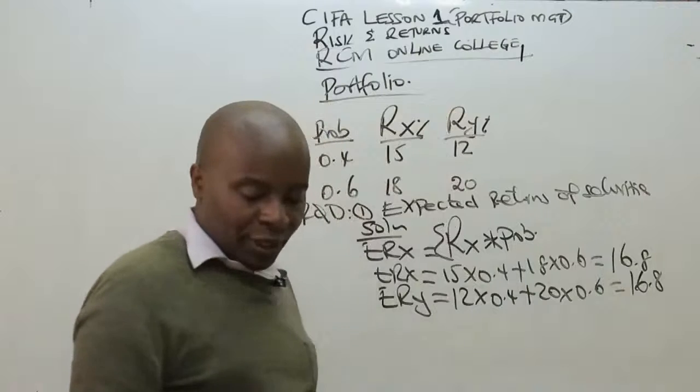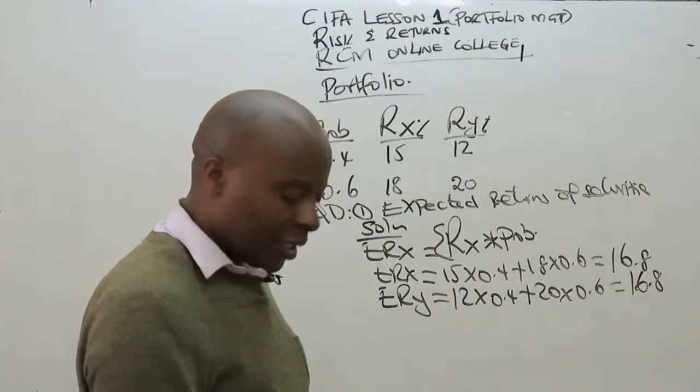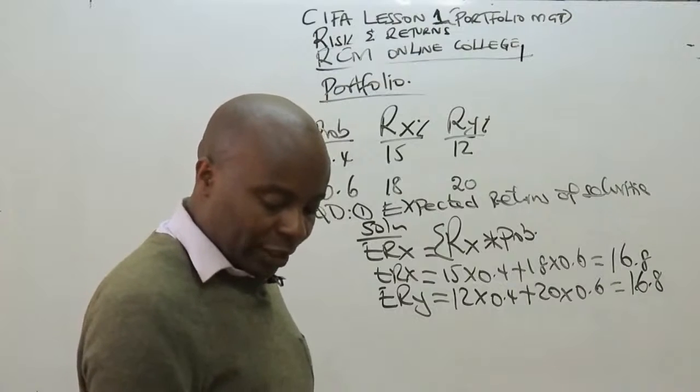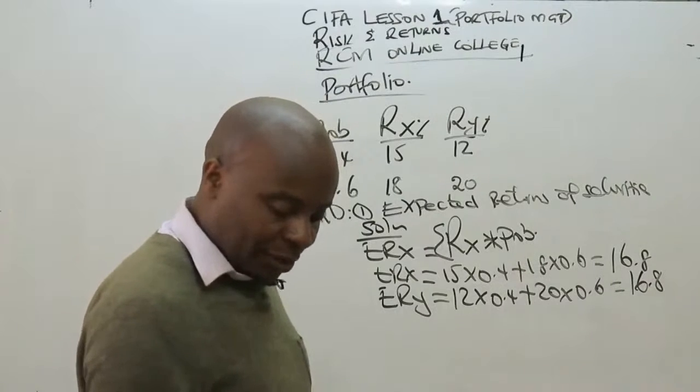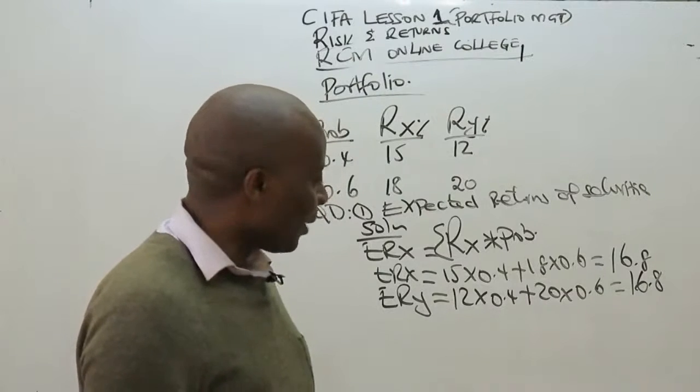You just have to be careful. 12 times 0.4 plus 20 times 0.6, so 16.8. Let me just confirm the earlier one. That coincidence is good, but at times a bit scary. So we have 15 times 0.4.